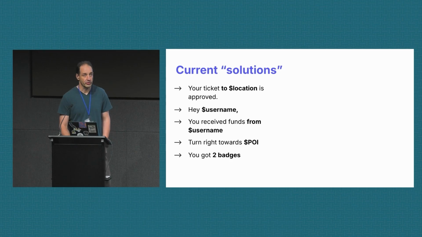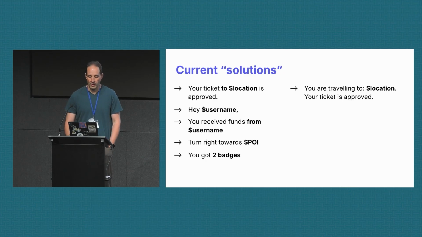So these are the current solutions that we use to solve these problems in UI. You have your ticket to location is approved. We use the colon trick where we remove the need for casing, but TTS cannot handle the colon, so spoken language is going to be broken. It looks artificial.